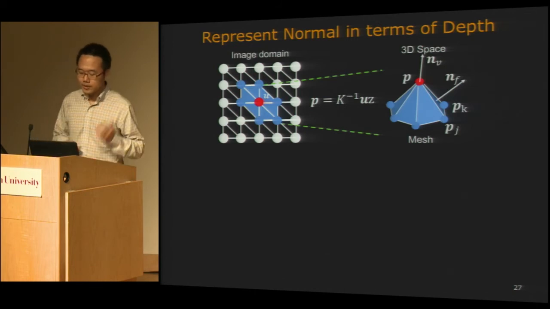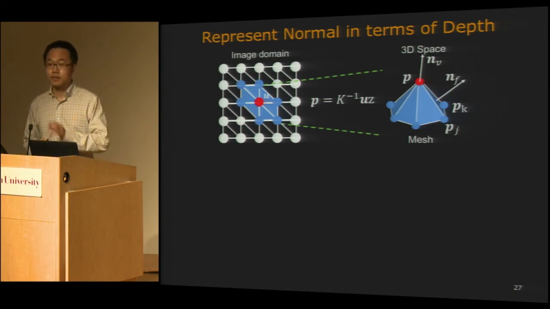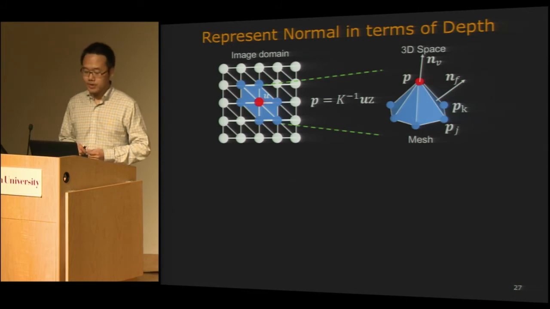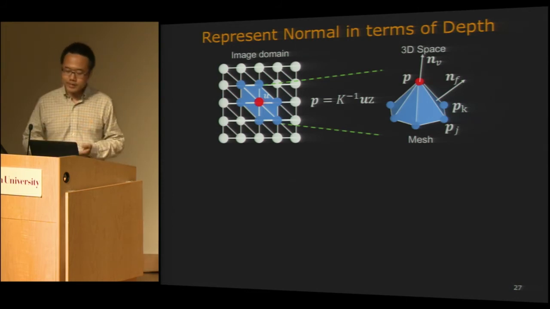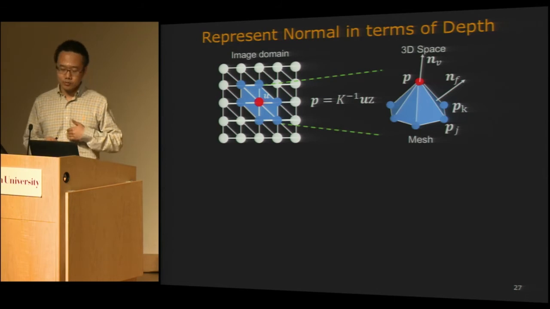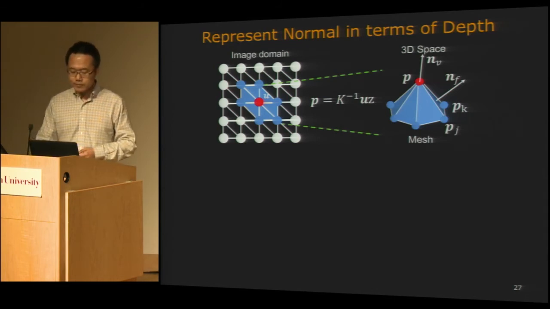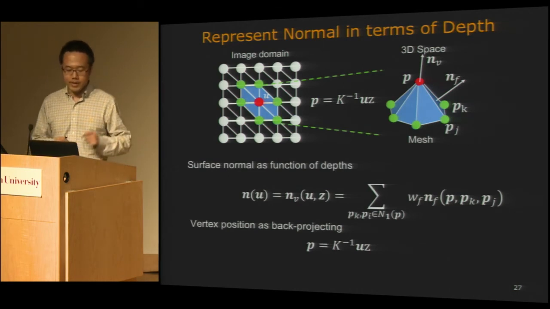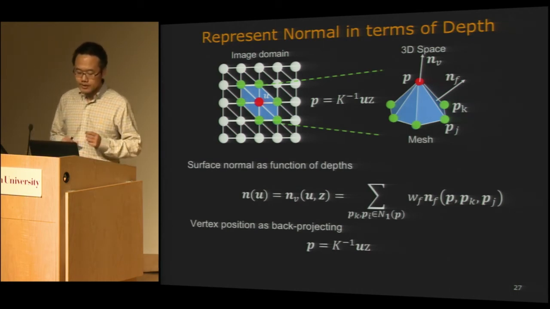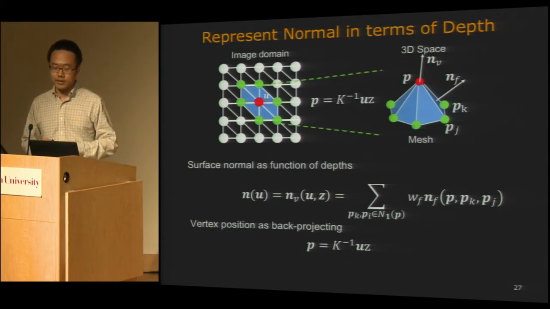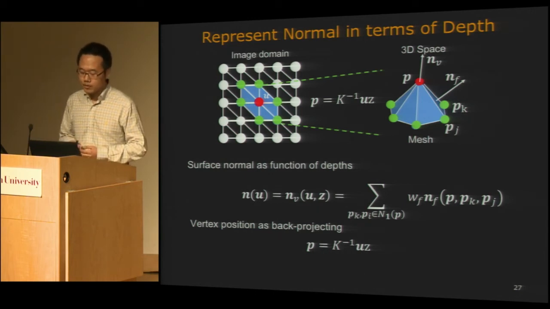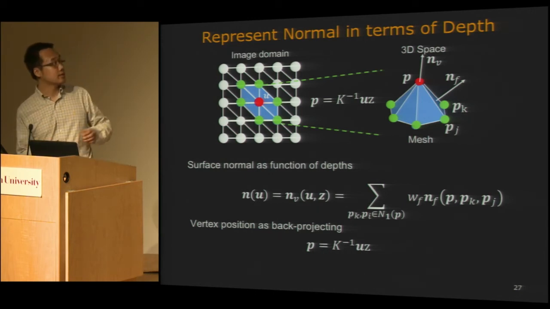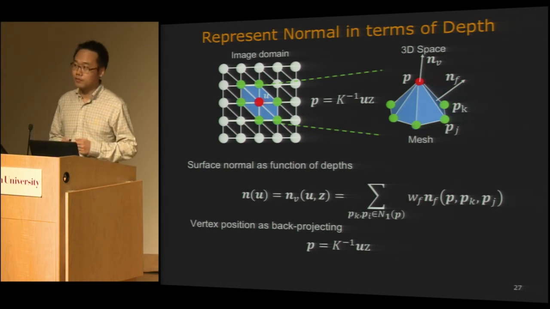And we can borrow the definition of face normals and vertex normal from the graphics community, where the face normal can be computed very easily by the cross product of two edges of the face. And we define the surface normal of the point to be the vertex normal in the 3D mesh. In this case, the vertex normal is a weighted sum of the face normals surrounding it. And in this way, we can represent the surface normal for a pixel in terms of the depth of itself and the depth of its surrounding pixels.